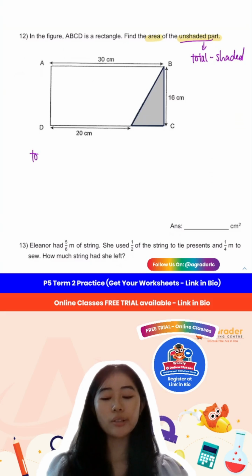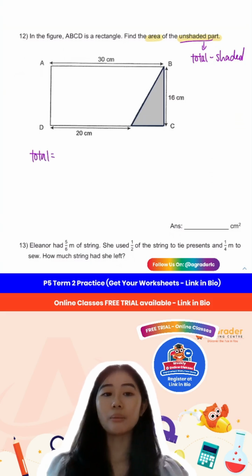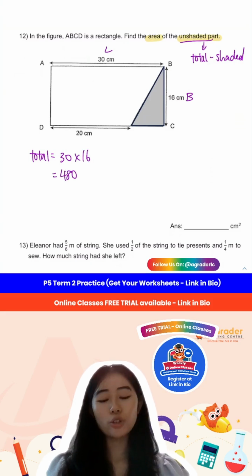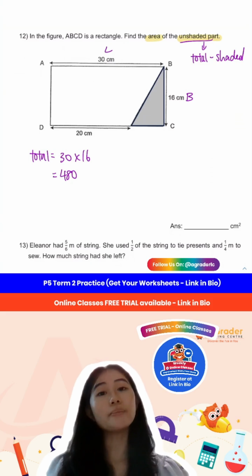Your total area is just a rectangle, isn't it? So area of a rectangle is length times breadth. The length of the rectangle is 30 and the breadth is 16. So 30 times 16 gives you 480 as the total area.